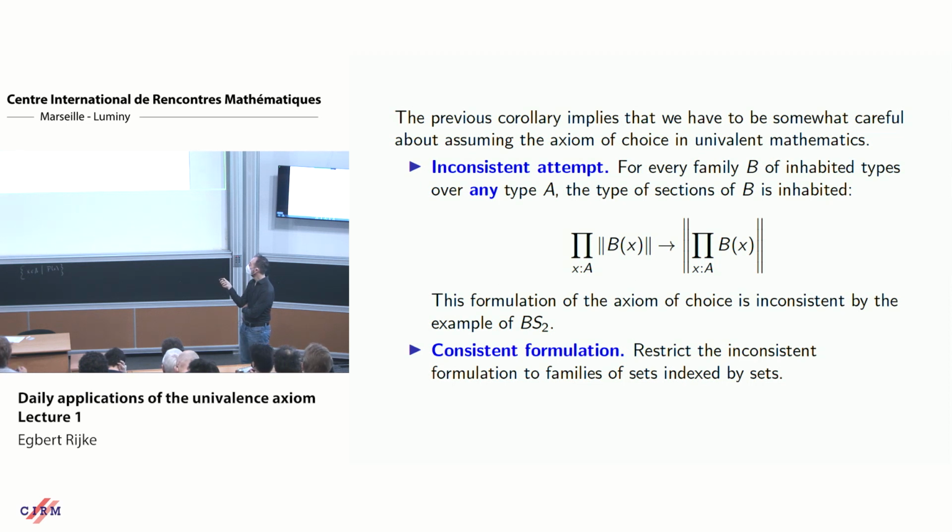This is consistent if we assume that A is a set and B is a family of sets. But if A is a groupoid, then already we saw in the previous example that there are counterexamples.